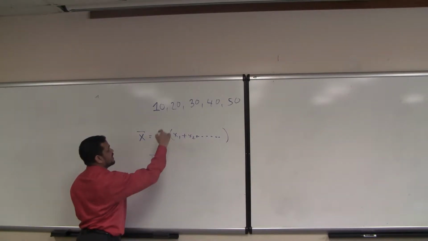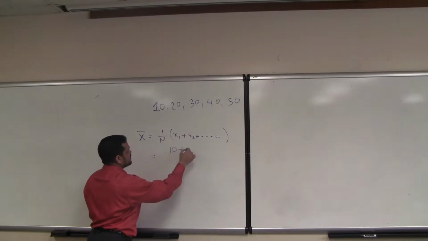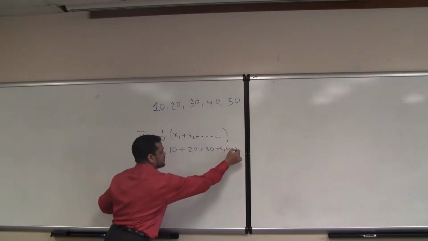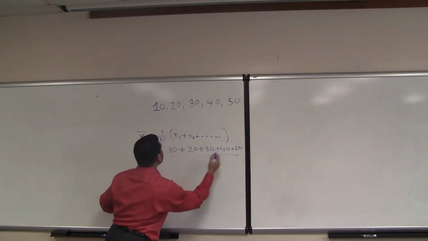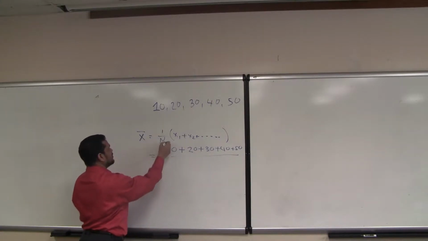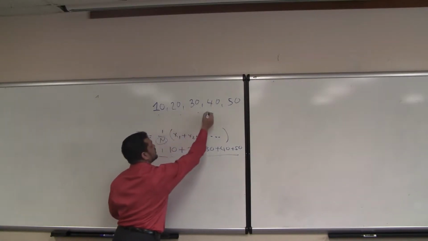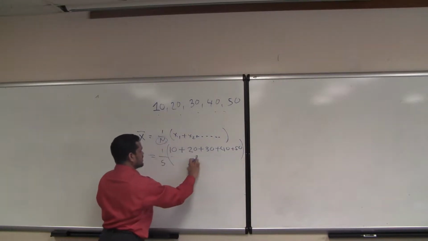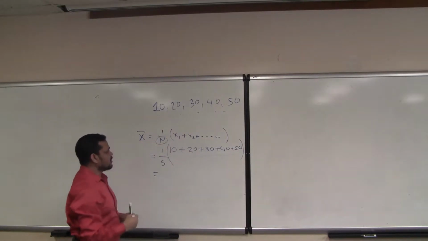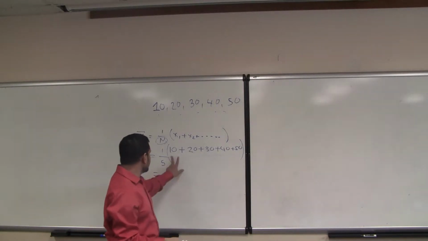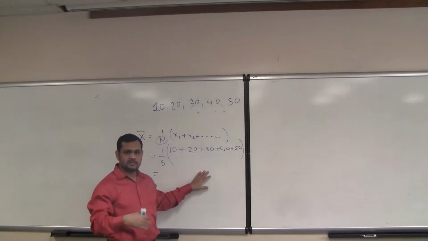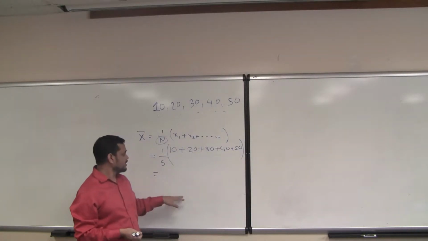So simply add these numbers 10, 20, 30, 40, 50, divided by the number of values. How many numbers? 1, 2, 3, 4, 5. Whatever you get, that is the mean. Very simple. I know that you know it, still I am revising.